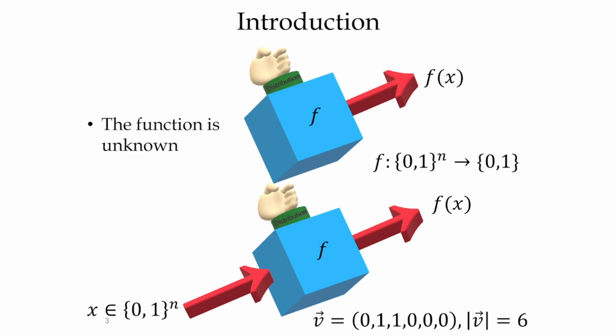In this option, we can manually insert a vector x and get the function on vector x result. In this option, we do not use the oracle to randomly generate, according to the distribution D, a Boolean vector x with the length n, but we choose that vector with the length n. In both options and cases, the function f is unknown.